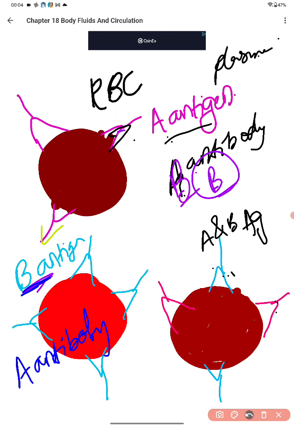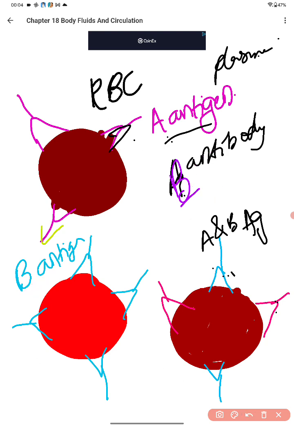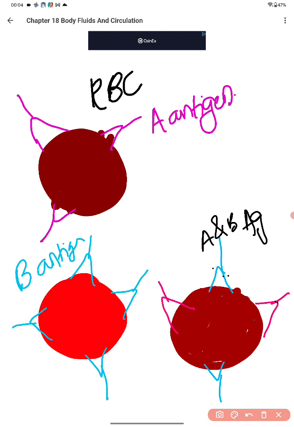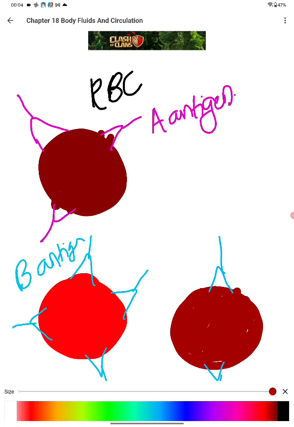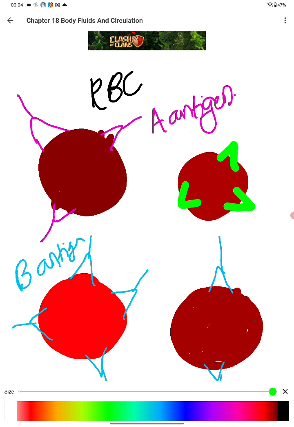Now let me explain to you. You understood about antigen and antibody? I hope so. This is your RBC, and here you don't have antigen.